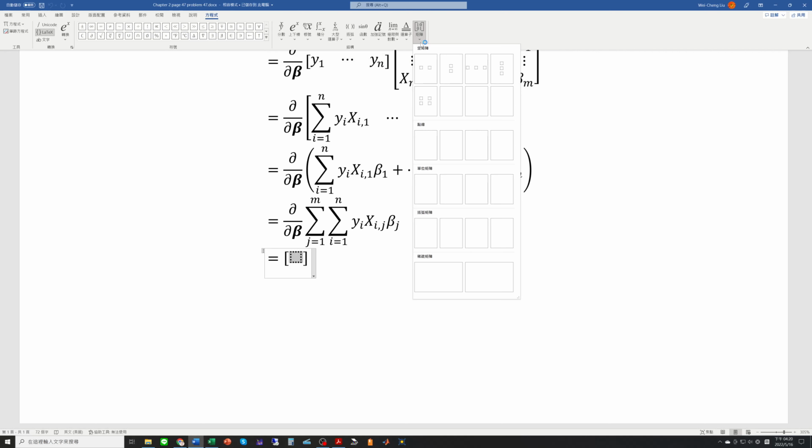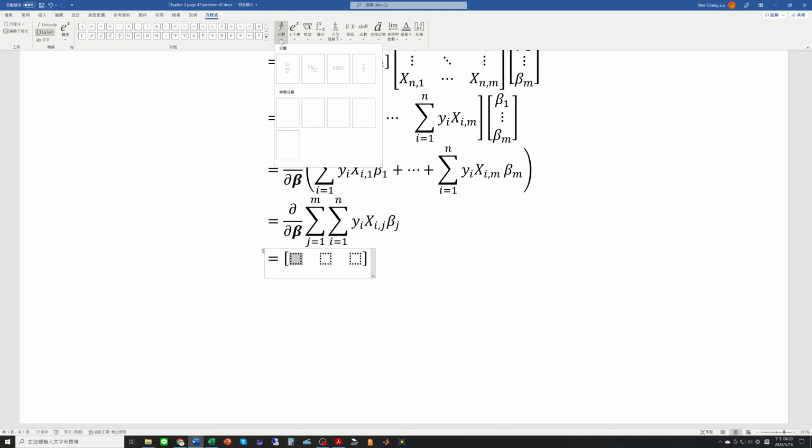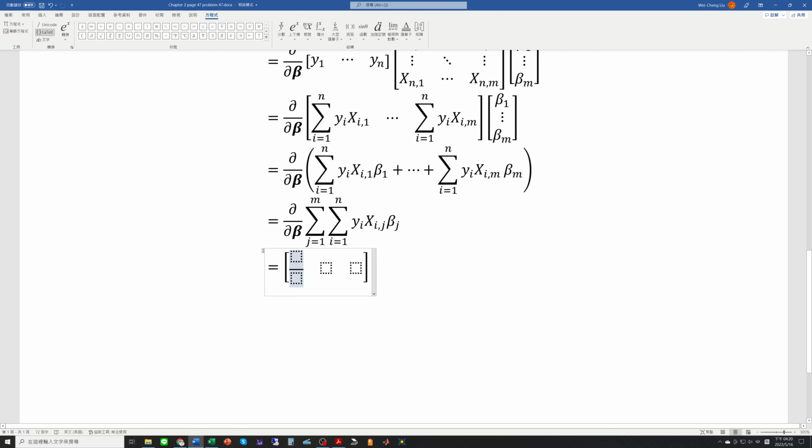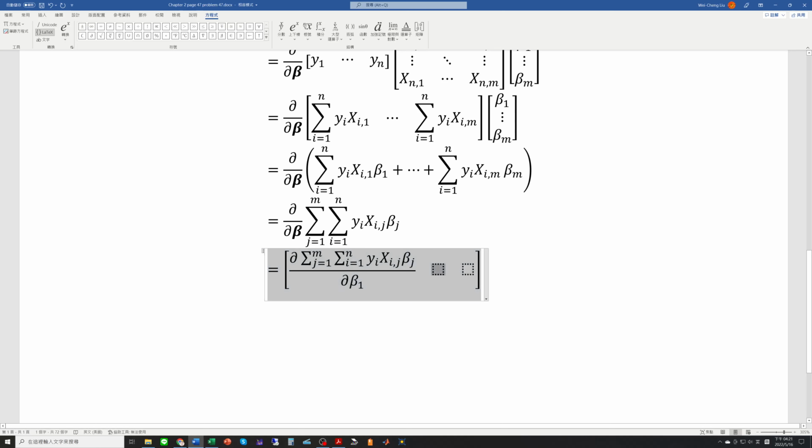So the first term is a partial derivative, which is a fraction, and the numerator of the fraction is equal to partial, this term, and over partial beta 1, like this, and so on.